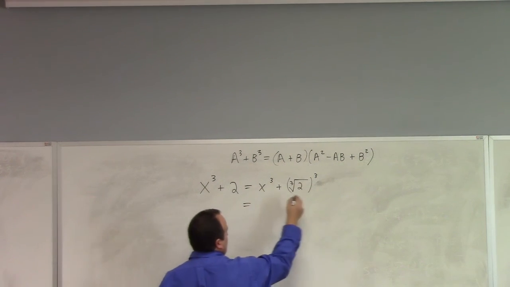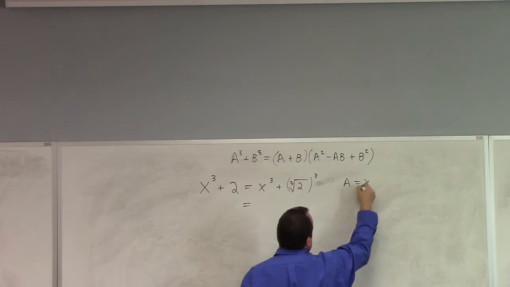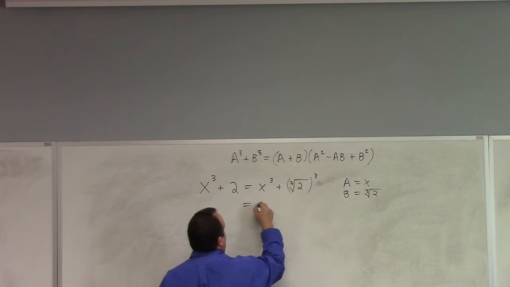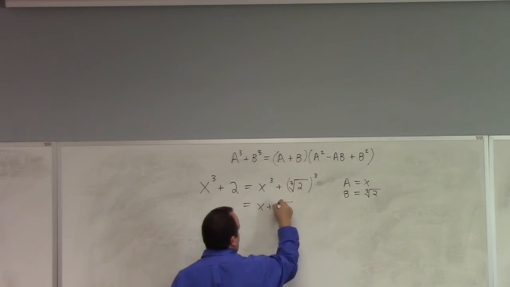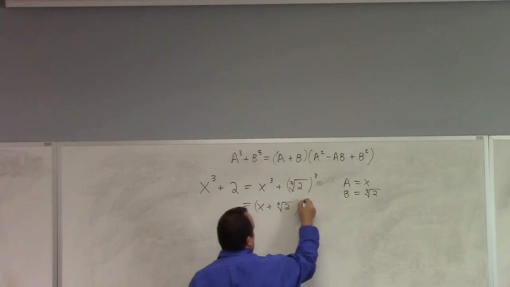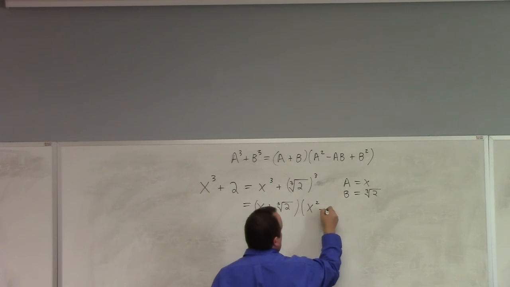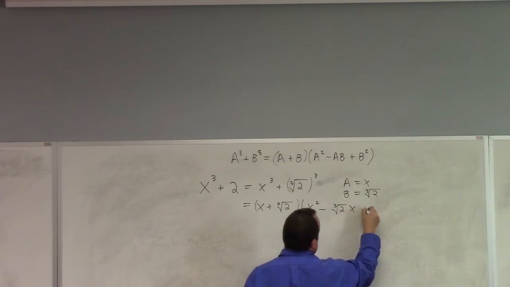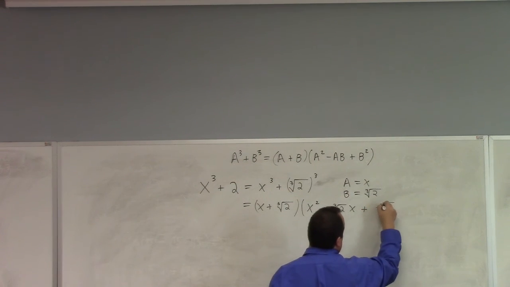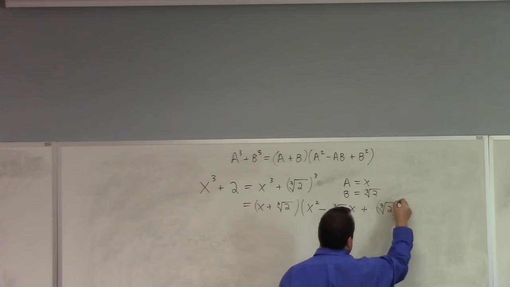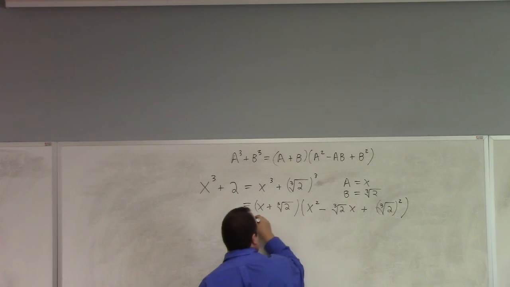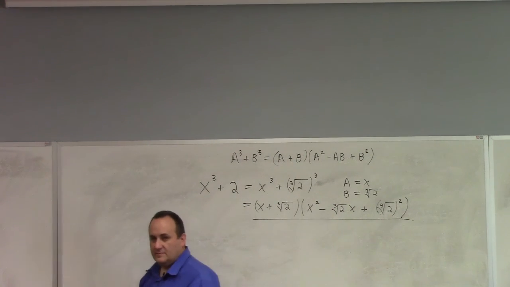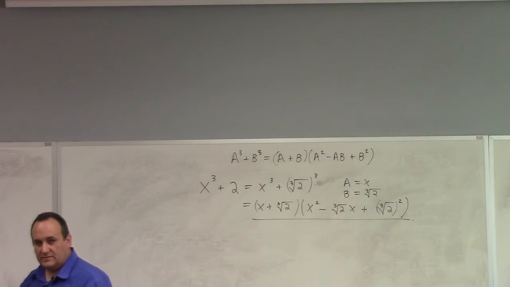And so you can think of this as a equals x, b equals the cube root of 2. So we've got x plus cube root of 2, times x squared minus the cube root of 2 x plus the cube root of 2 quantity squared. And so there you go. That's how you'd factor it.